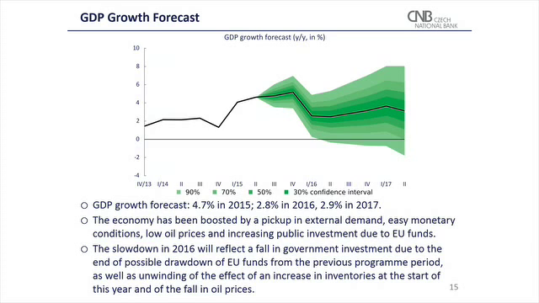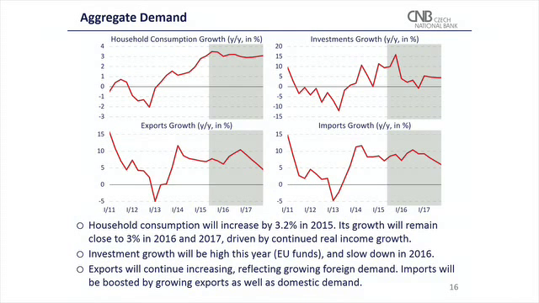As regards the aggregate demand components of this GDP growth projection, we expect quite stable increases in household consumption, 3.2% this year and then close to 3% in 2015-2016, driven mainly by continued growth in real income.